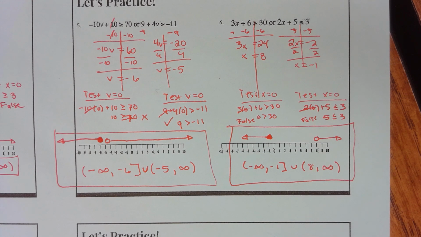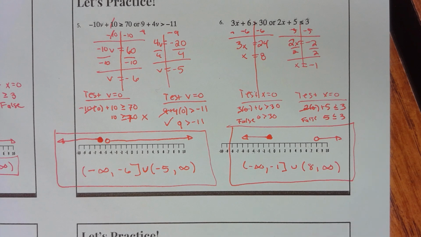It's a little bit quicker if we just subtract 6 and get 3x equals 24, so x is 8. 8 is going to have an open circle because of it being just greater than. And this time when I test 0, I get that 6 is greater than 30, which is false. So just like before, I'm shading this away from 0, which is off to the right there.